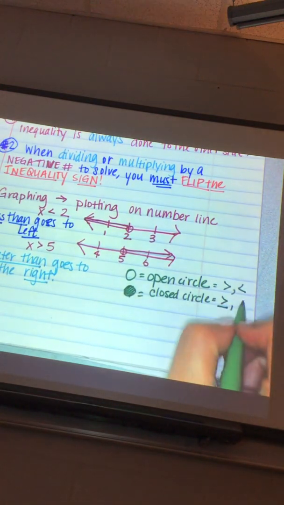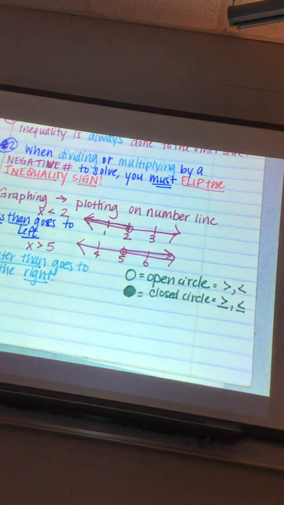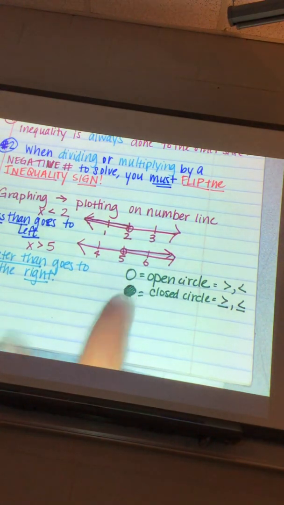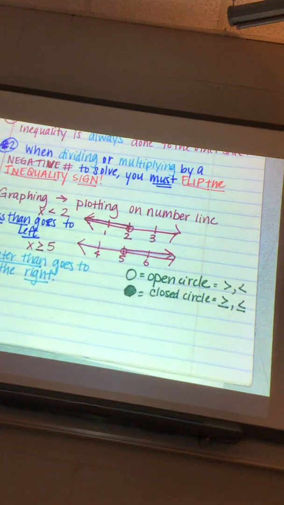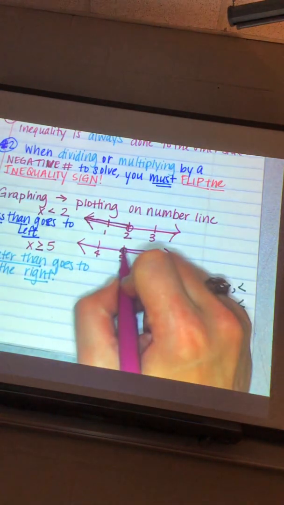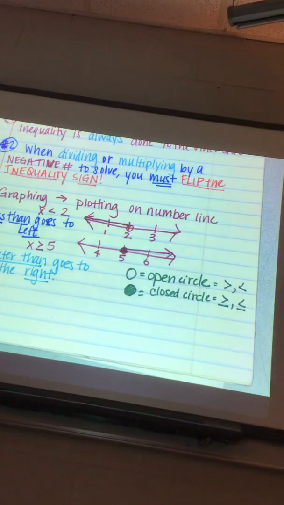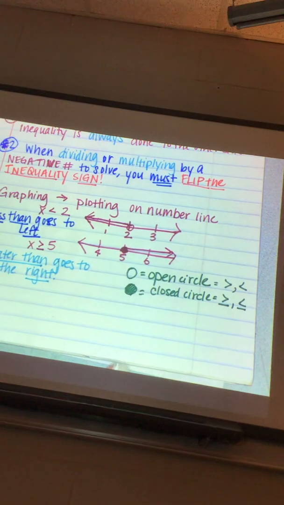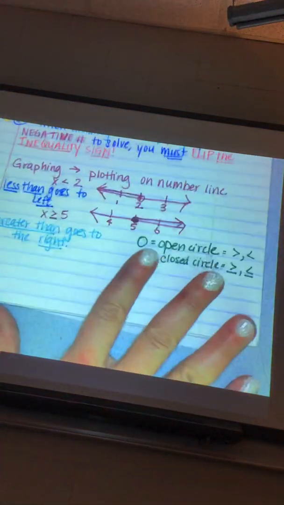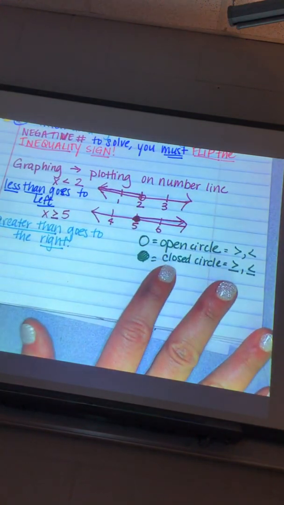So the equal to means colored in. So if I change this up here to greater than or equal to 5, I would color in my dot because of equal to. Okay? So it's a lot of notes. If you need to pause at any time, feel free to, and then you can catch back up with us. We're going to do a few examples. These are just 1 or 2 steps. I'm going to show you how to graph them, and then that's it for tonight, okay?